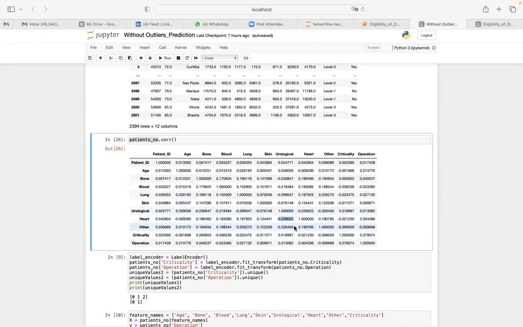Even if it is negative, it is following a pattern with heart. If it is following a number which is going up to 80% or something like that, then you will see that one of those columns should be removed entirely. So suppose right now it's 23. If it is 83 with heart, then either the heart or urological should be removed after removing the outliers. So these checks you should also do, obviously.